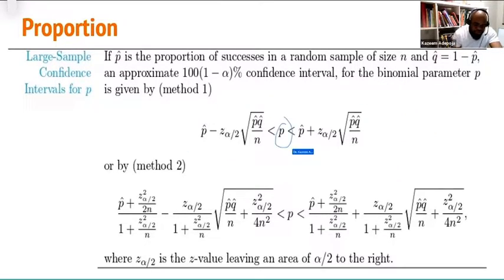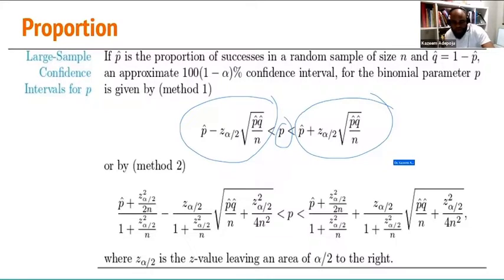This is the true value of proportion, the one without a cap. This is the lower bound, and this is the upper bound. So at the end, we expect the true value of proportion to lie between the lower bound and the upper bound.